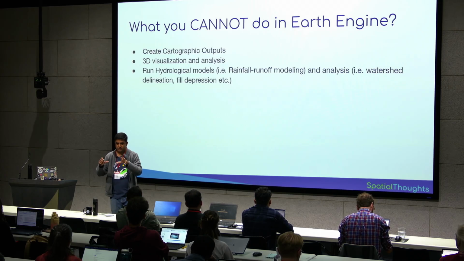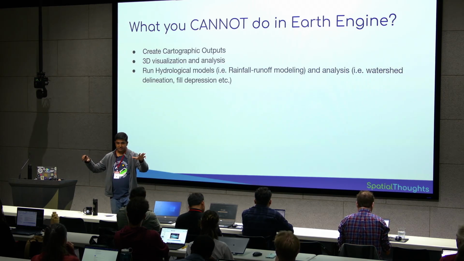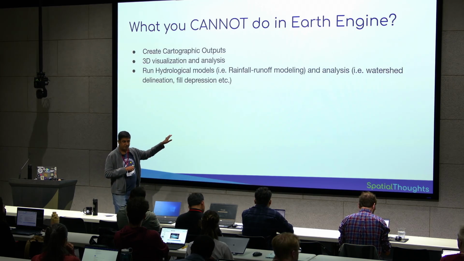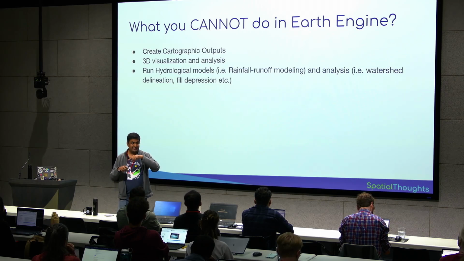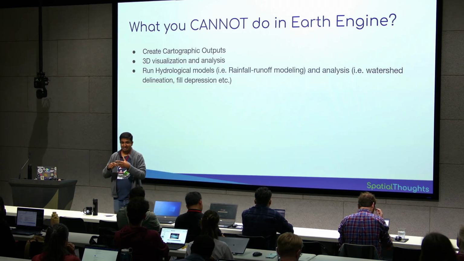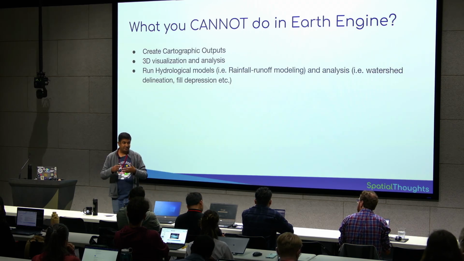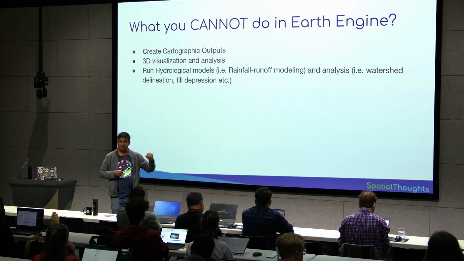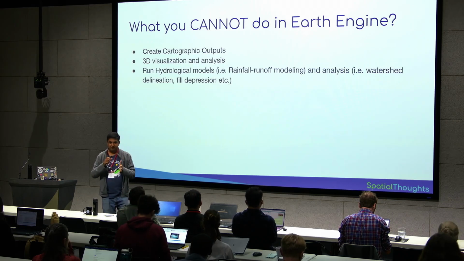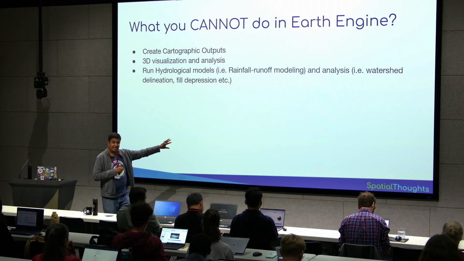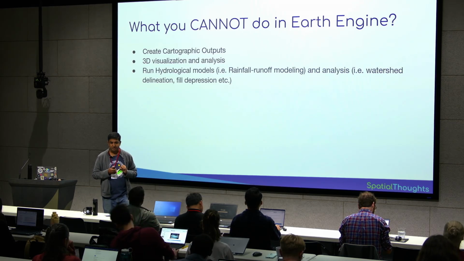So I say, I want this computation, and Earth Engine says, okay, maybe I can use 100 machines in parallel to do this. When you're running a hydrological model, the output of each pixel depends on every other pixel. So Earth Engine cannot compute each pixel independently. It has to do it sequentially. And the system is not designed to do this. There are hacks and workarounds people use, but it's not designed for this kind of hydrological modeling.